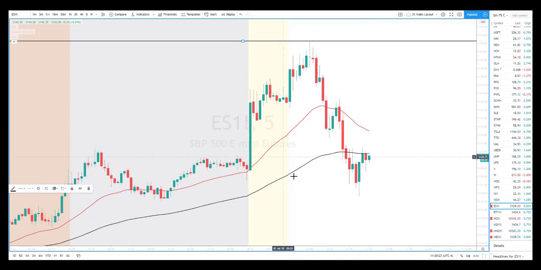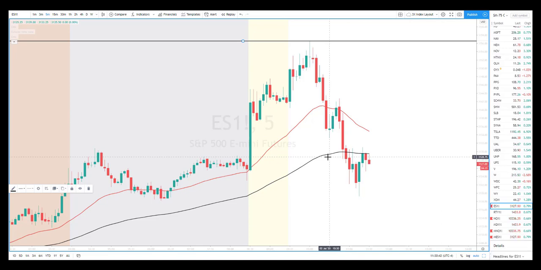Here on the chart, in the white area, that's the regular trading hours. The yellow is the pre-market and the gray is the Globex. So in the regular trading hours, I want to know where 1 hour is at. That would be 10:30. So it's this spot right here.